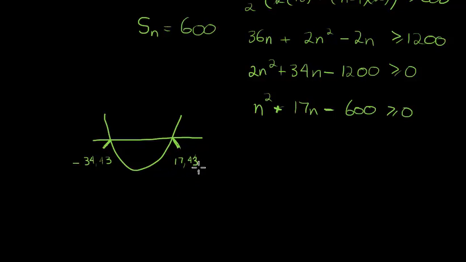We use the side that must be greater or equal to 0. So n is greater or equal to 17.43, or n is less or equal to negative 34.43.